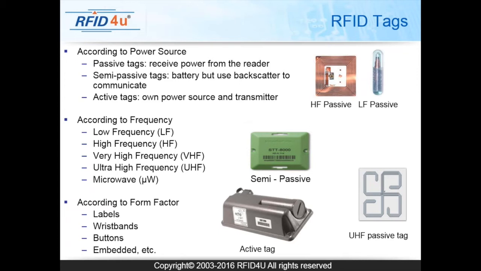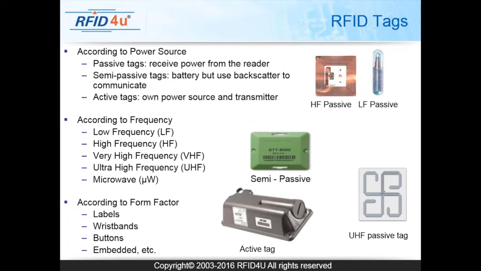So if you had heat sensors, temperature sensors, gas sensors, etc., you could attach a sensor to the semi-passive tags and write the data on the semi-passive tag because you have the power on the tag itself. However, semi-passive tags still need a reader to be able to read the data that has been captured and/or to write data back to it, in terms of being a standard passive tag.